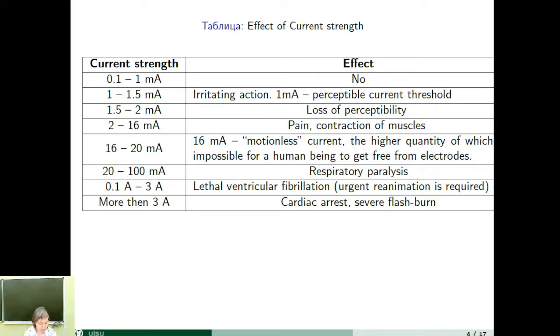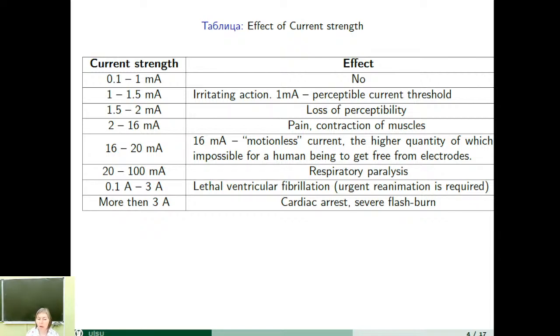In the range from 0.1 to 1 milliampere, there are no effects. And from 1 to 1.5 milliampere, irritating action, and 1 milliampere is a perceptible current threshold. And from 1.5 to 2 milliampere is a loss of perceptibility.